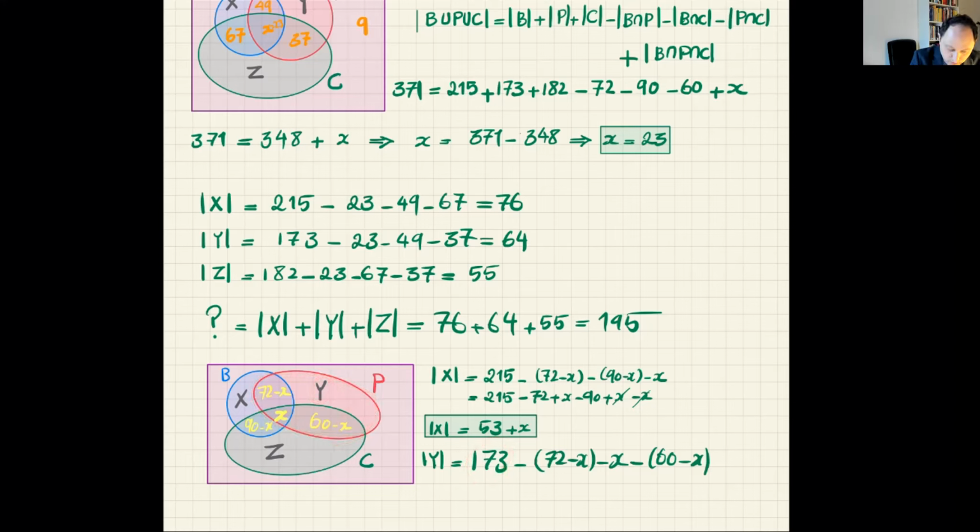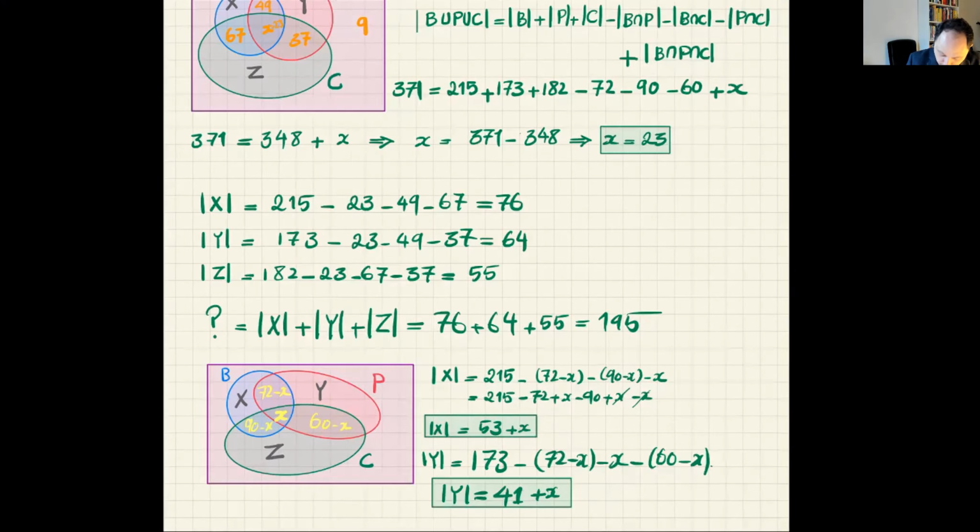So the cardinality of Y, using my calculator, 173 minus 72, and then minus 60 is 41. And then you have positive X, negative X, positive X. So it becomes positive X.